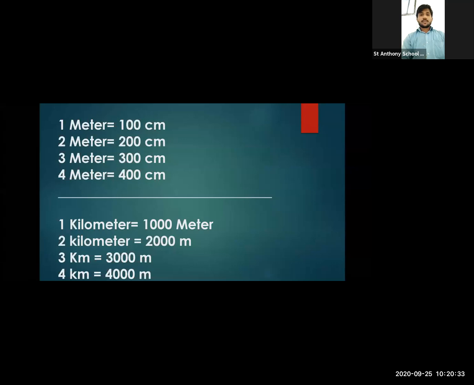If you see, children, there is a relation between all these standard units. For example, 1 meter is equal to how many centimeters? 1 meter is equal to 100 centimeters. 2 meter is equal to 200 centimeters. 3 meter is equal to 300 centimeters.